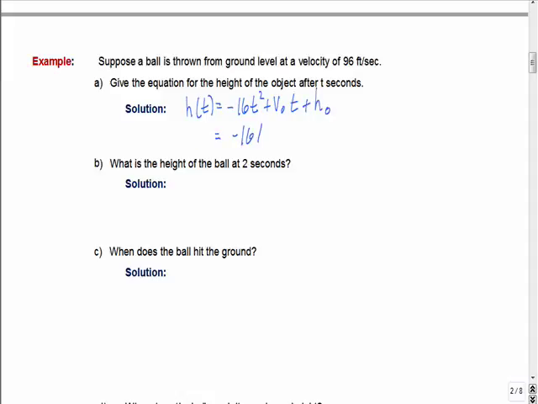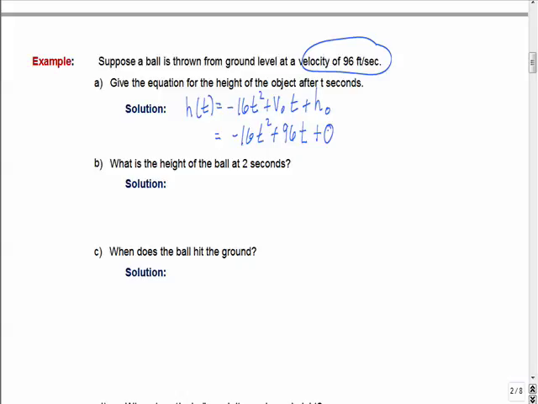So if I substitute in what I know, I need the initial velocity, and they've told me a velocity of 96 feet per second, so that would be 96, and we'll put the t in, plus, and we're throwing it from ground level, so the initial height is 0. So that would be our part A, and again, we could leave the 0 off.